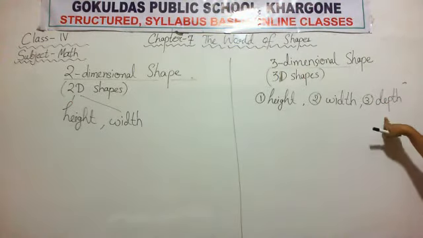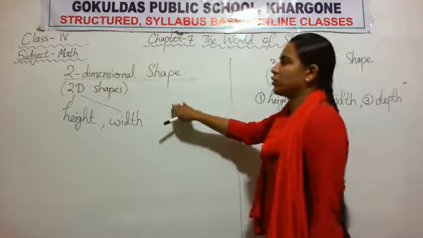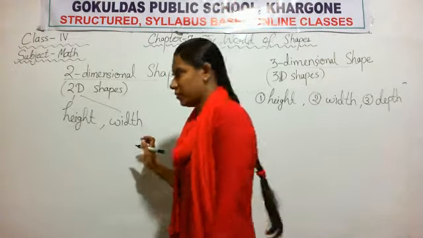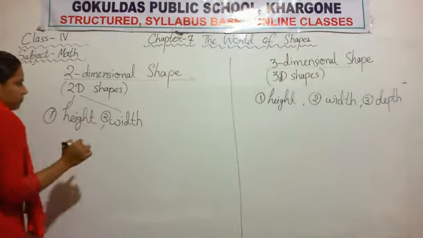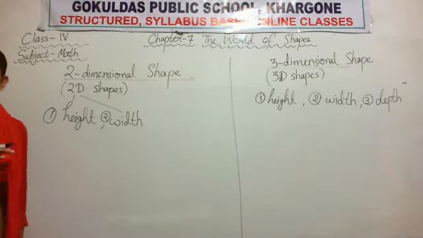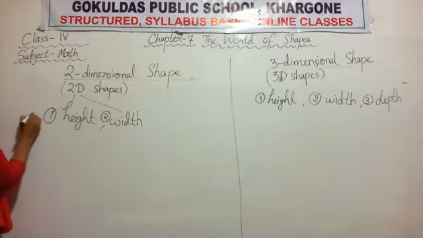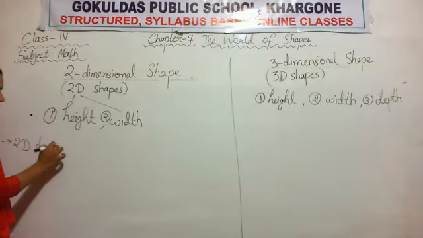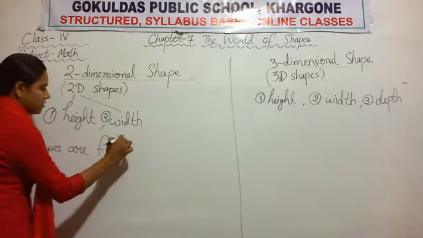Height, width and depth or thickness we talk about in 3D shapes, and in 2D shapes we talk about only two things, that is height and width. 2D shapes are flat surfaces.